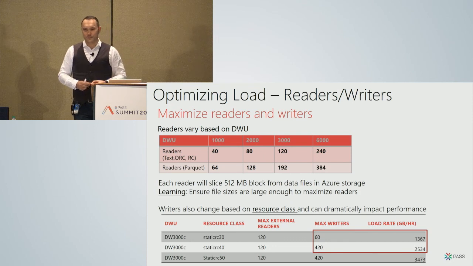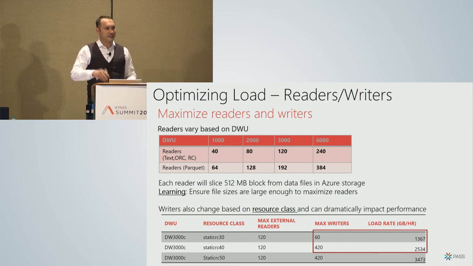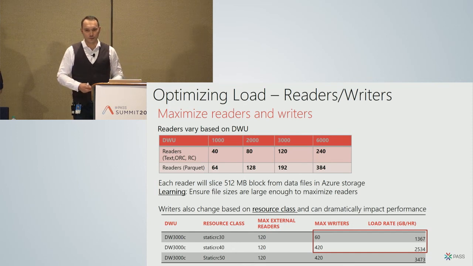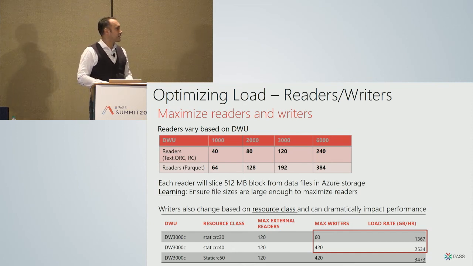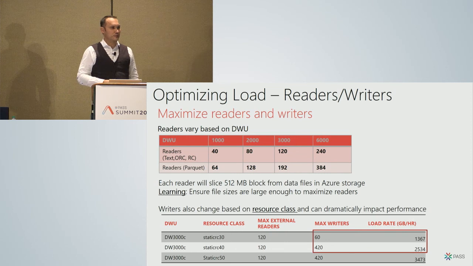Now, for writers, it's kind of similar. Writers scale with the amount of data warehouse units. What we saw here is also that scaling after a certain amount of resource units doesn't necessarily bring much more scale.